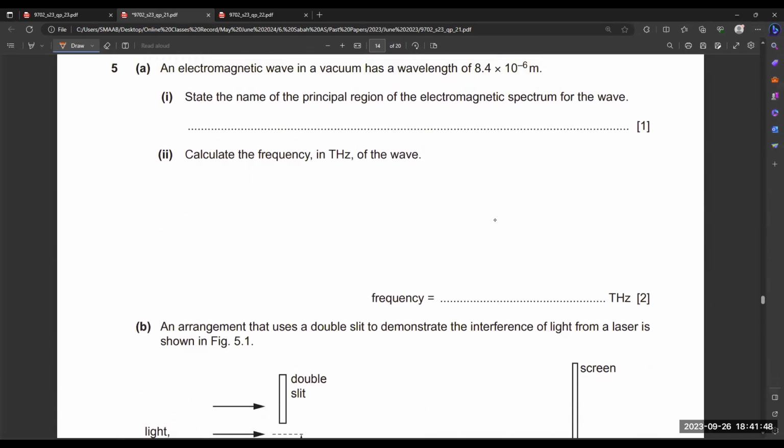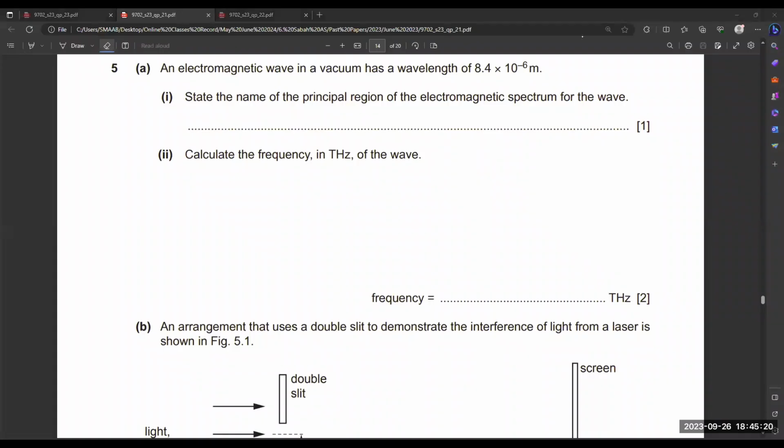Next is related to the waves. In the first part, state the name of the principal region of the electromagnetic spectrum for the wave. The wavelength is mentioned over there. In this part, we have to consider the wave.